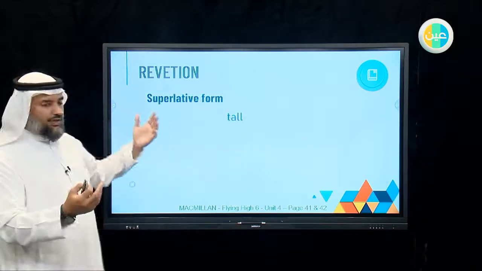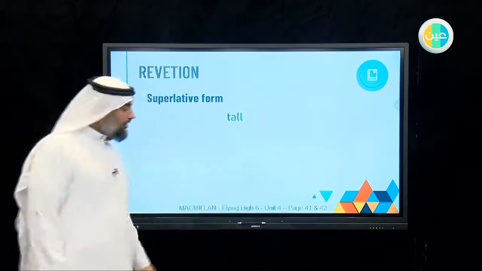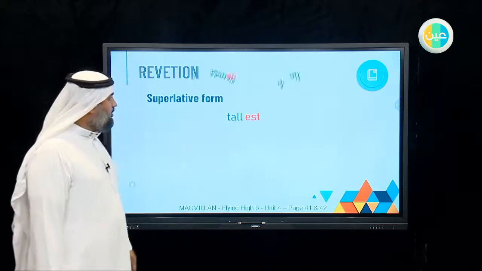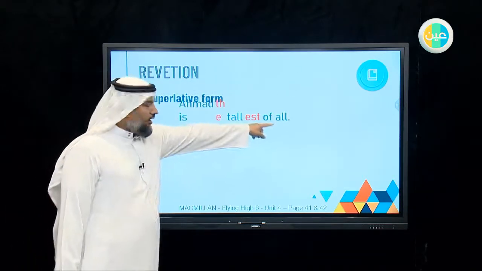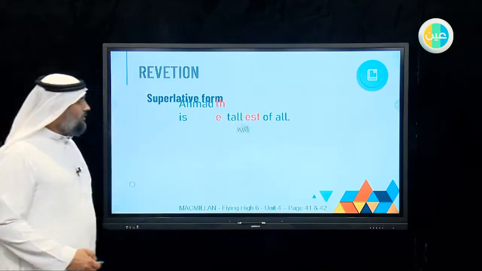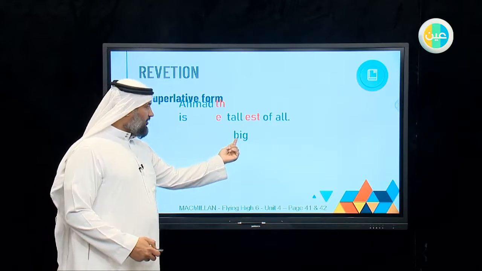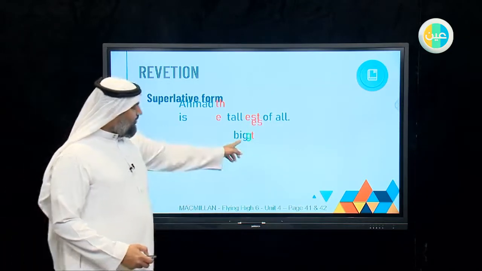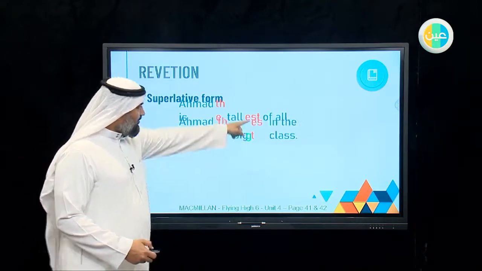Superlative, when I want to compare between more than 2, 3 and 4, okay? Now we say tall, tallest. And we say Ahmed is the tallest of all. The word big, when we say big, we have consonant, vowel, consonant. We say biggest.